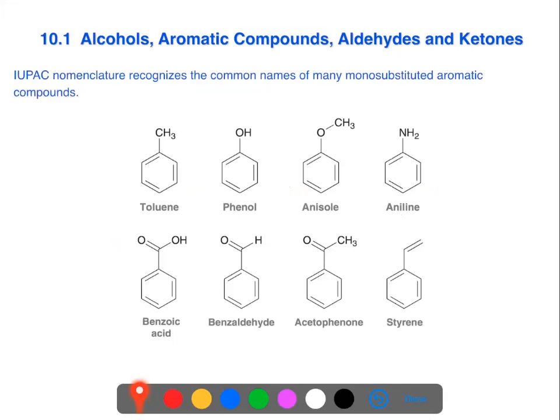As we saw on the first slide for aromatic compounds, there are a variety of common names associated with monosubstituted benzenes. And so here's a list of 8 common names that we typically use for benzene derivatives. And so you are responsible for these particular common names.